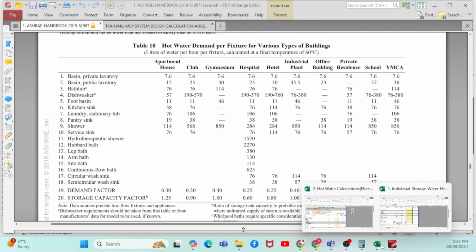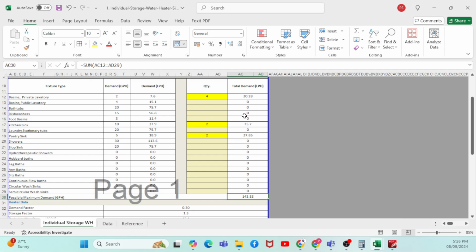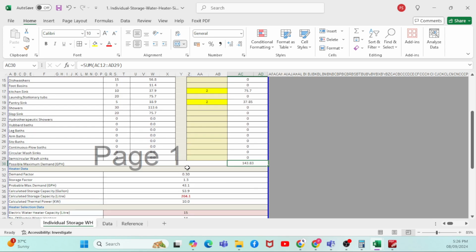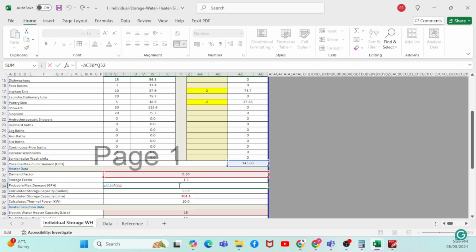Okay, so if you go to this particular chart, you can get the total capacity required, the possible maximum demand. Then the demand factor depends upon the type of building. Then the storage factor, and based on that you can calculate the total probable maximum demand in liters per hour.